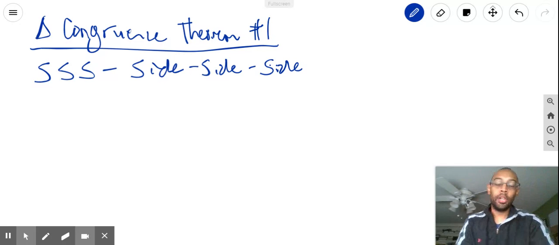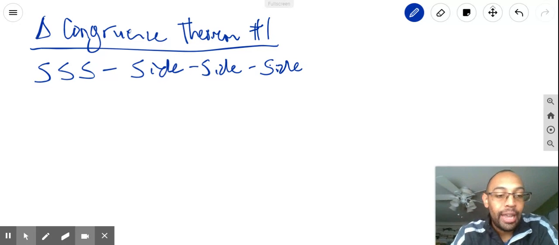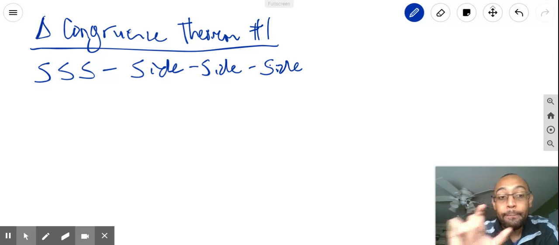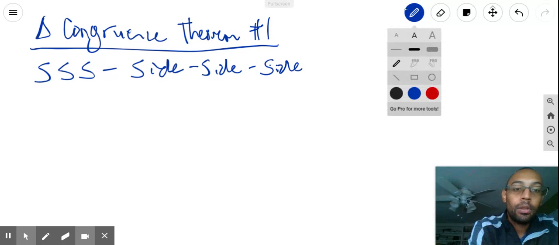Essentially how this works is that if you are able to determine that three sides of one triangle match up and are congruent to three sides of another triangle, you have triangle congruence.